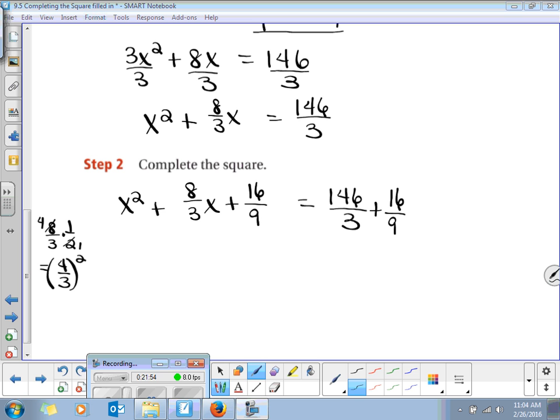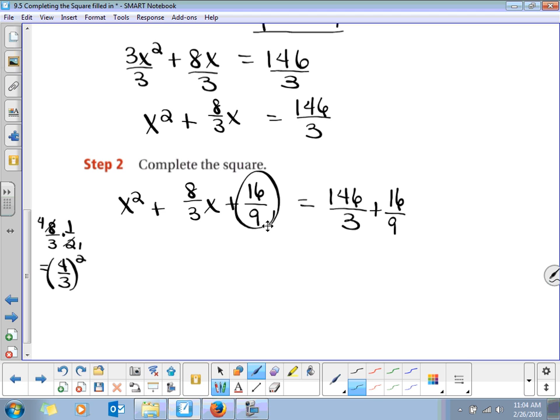Because we squared the 4/3 here to get this 16/9, we already know what our binomial is going to be. Our binomial is going to be x times x there. We know we did 4/3 times 4/3 to get 16/9. So this is going to be 4/3 times 4/3. And guess what? When you add them, you get 8/3. So you're going to have plus and plus, right?